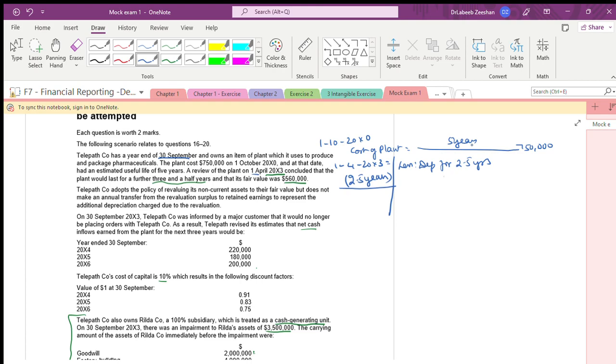Depreciation, how much will it be? 750 divided by 5 into 2.5 years. Is it right? It comes to how much? 375.